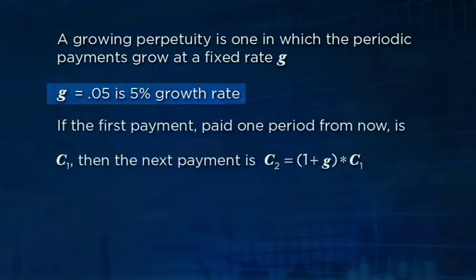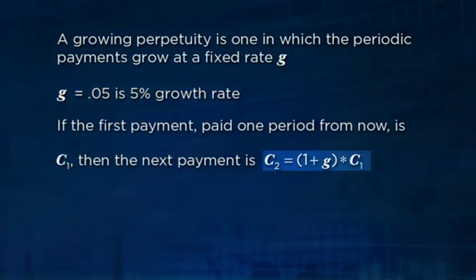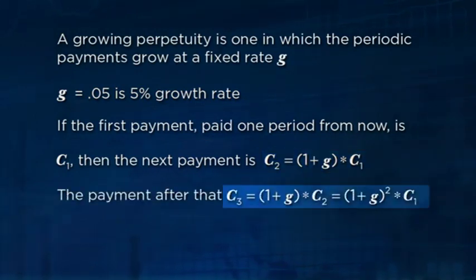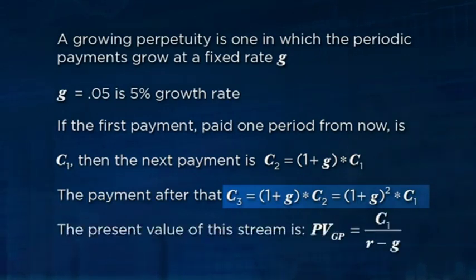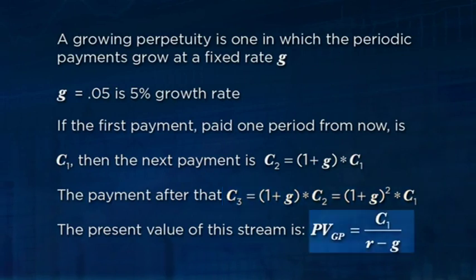If the first payment paid 1 period from now is C1, then the next payment is C2, which is equal to 1 plus G, all of that multiplied by C1. And the payment after that will be C3, equal to 1 plus G, all of that multiplied by C2, which, by the way, is equal to 1 plus G squared times C1. Given this structure, the present value is equal to C1, the first payment, divided by R minus G.